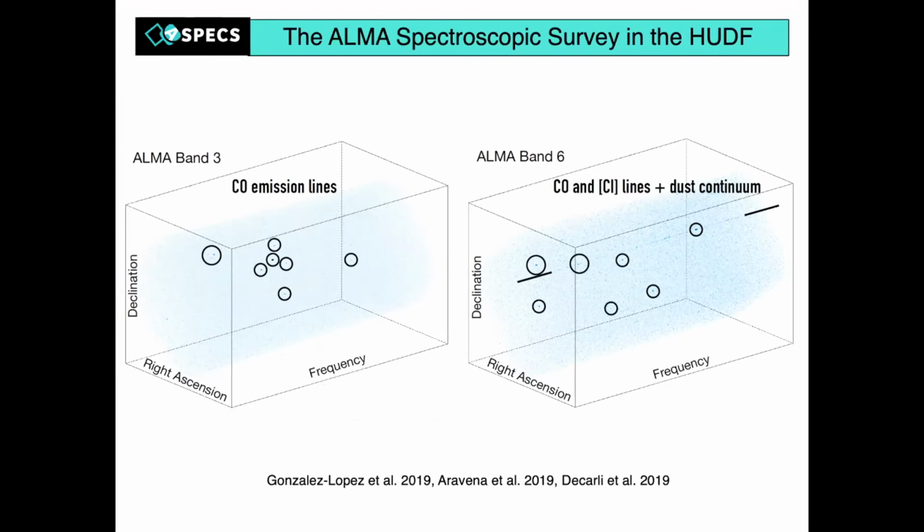However, the point to make here is that we're blindly detecting or obtaining constraints on CO line emission, C1 and C plus line, and also dust continuum simultaneously in all the galaxies in the UDF. So with the aid of MUSE and HST images, we can perform guided searches and stacking analysis aside from individual detections.